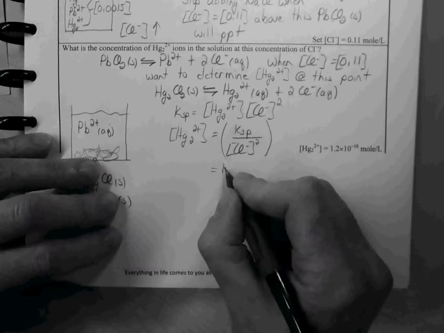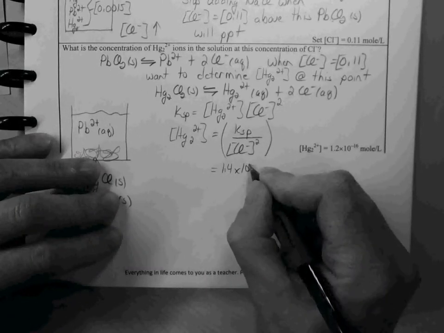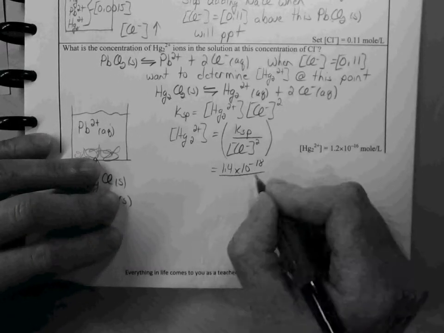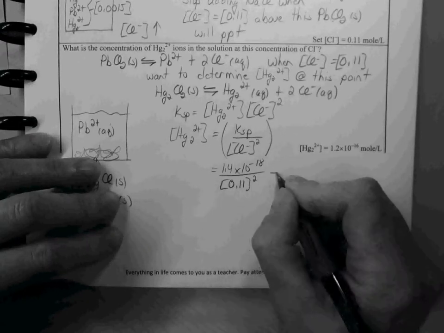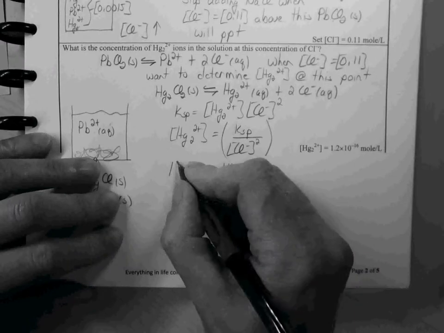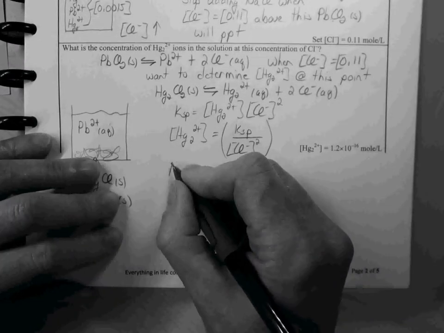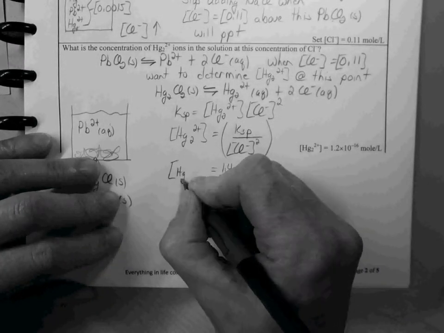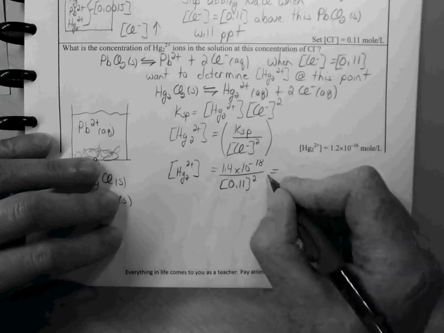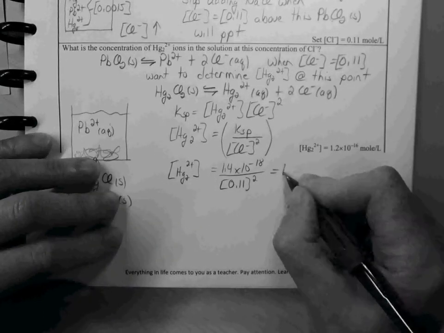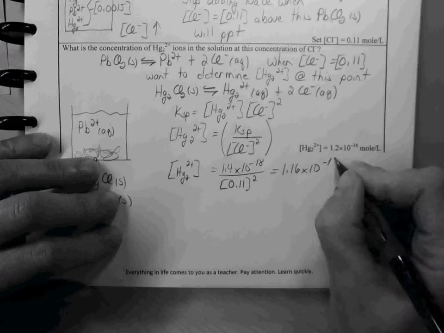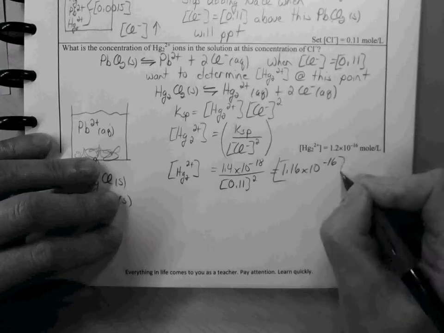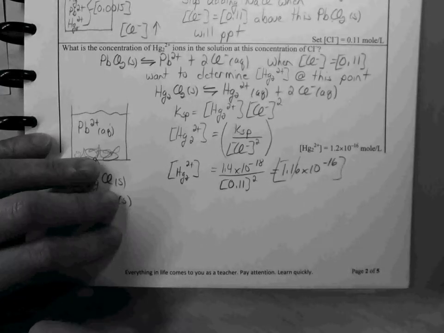And this equals our KSP value of Hg2Cl2, which is 1.4 times 10 to the minus 18, divided by 0.11 squared. And that gives us an Hg2 2 plus ion concentration equal to 1.16 times 10 to the minus 16 molar, with 2 sig figs.